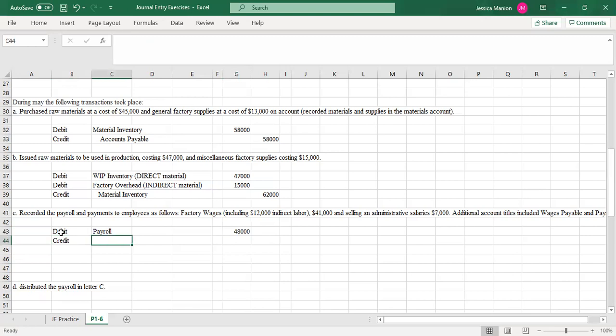Crediting wages payable, 48,000, right? And then when we pay this, ignoring payroll withholdings and deductions and all that, we're going to debit wages payable, 48,000, credit cash, 48,000.